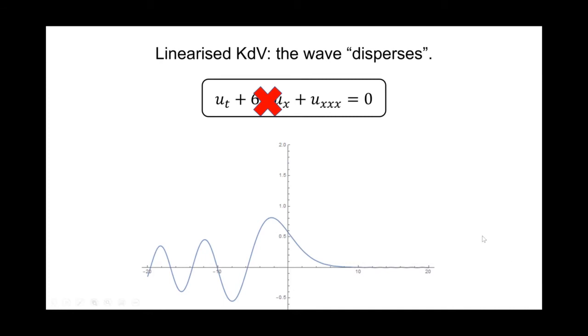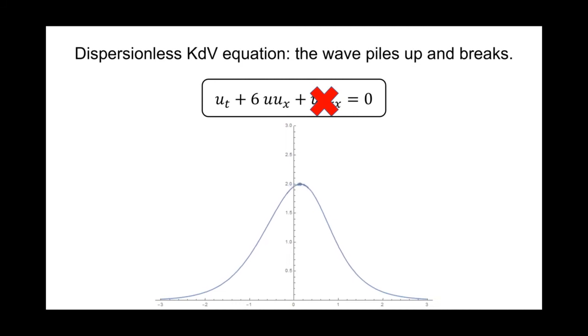The next option is to keep the nonlinear term, but drop the third term, which was responsible for dispersion, and we'll get the so-called dispersionless KdV equation. Here's what happens: the wave remains localized, but it piles up towards the right, and after a finite time, it breaks down.